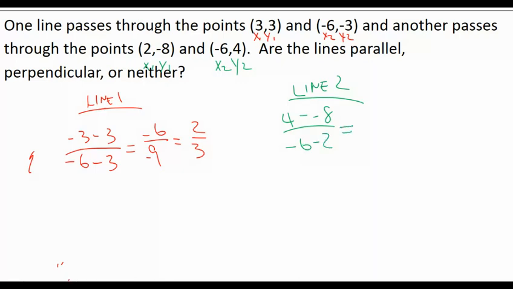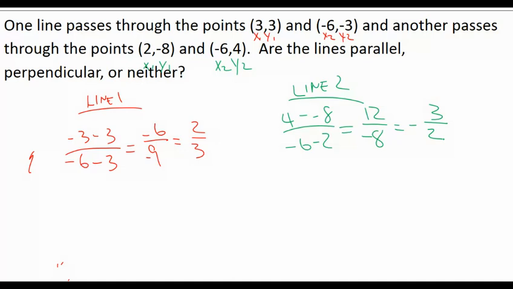I'm going to do that math. 4 minus negative 8, that's 4 plus 8, which is 12. Negative 6 minus 2 would be negative 8. So this one can simplify. I can divide each of these by 4, and it would end up being 3 over 2 with a negative sign out in front. And you can see these two slopes.